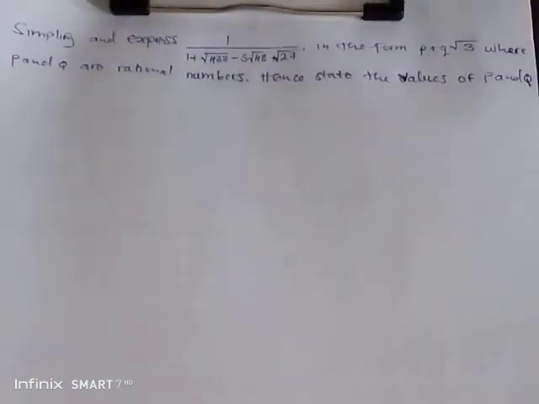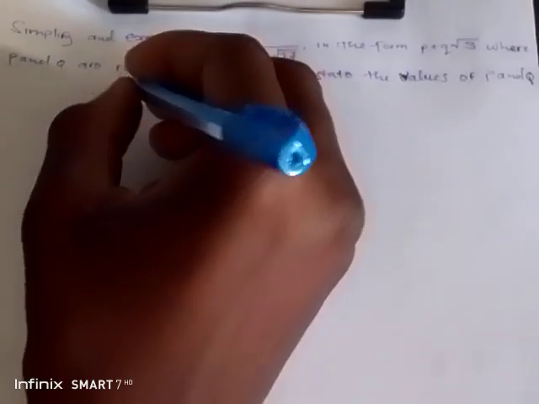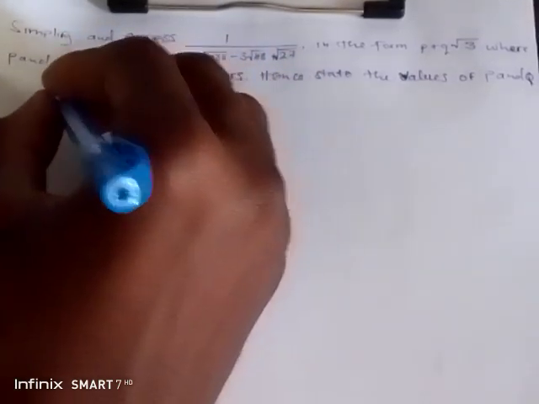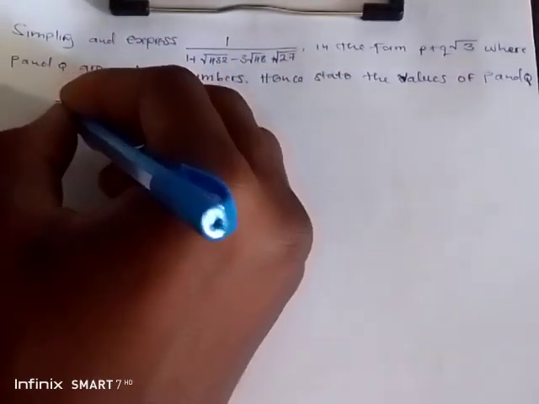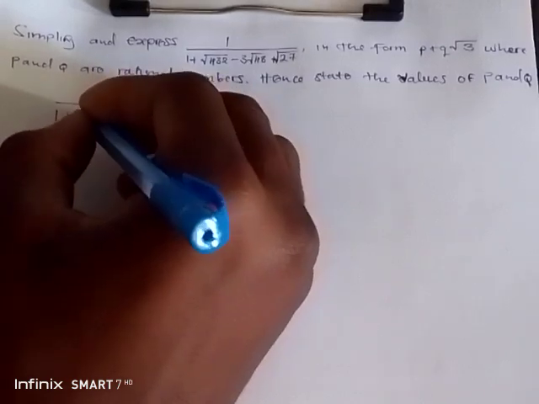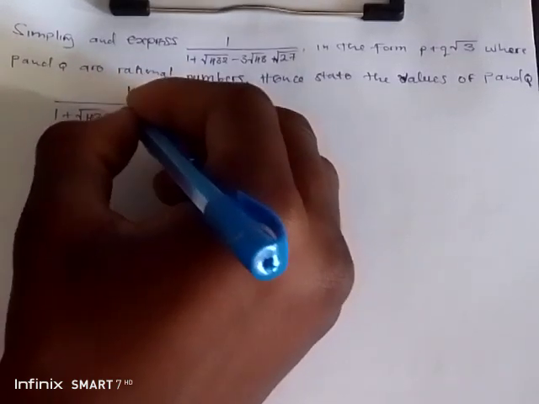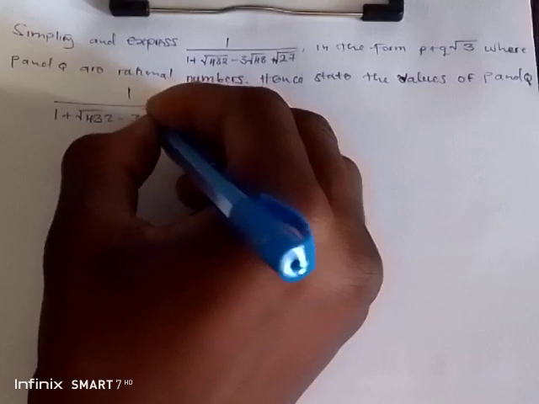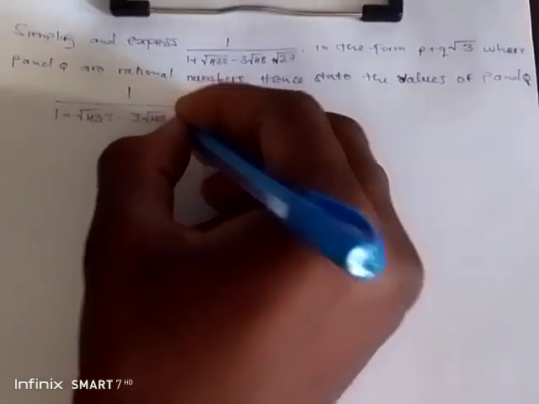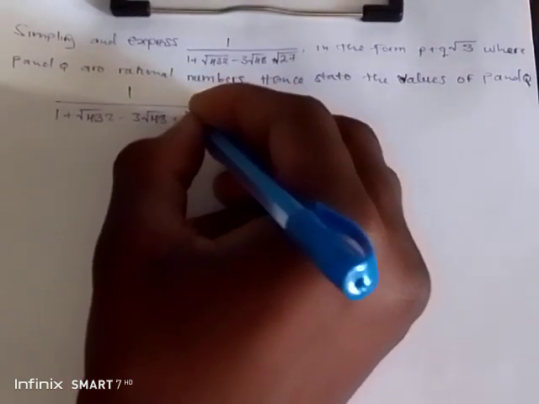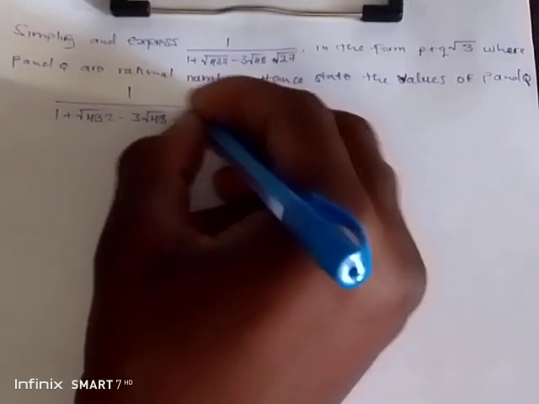Alright, so what we need to do here is write, okay, let me just recopy the question. 432 minus 3 root 48 plus root 27. Right.